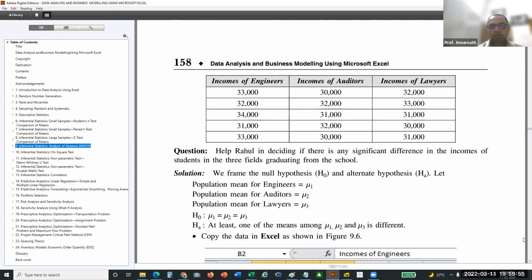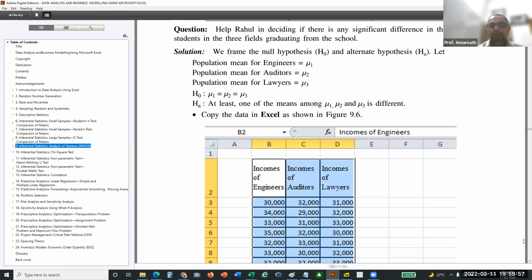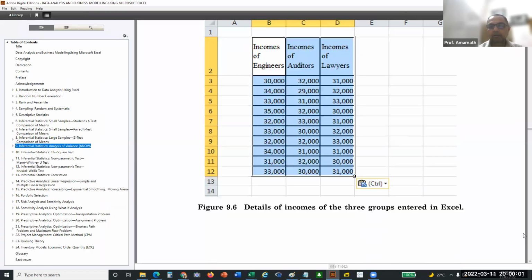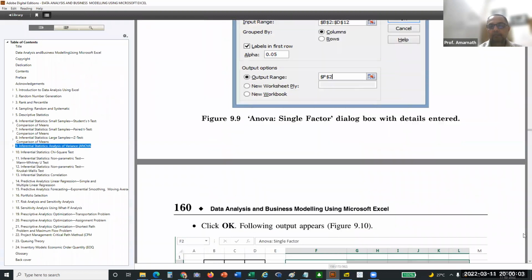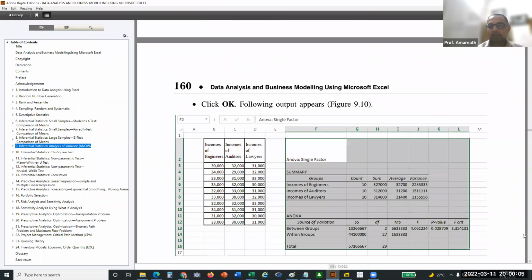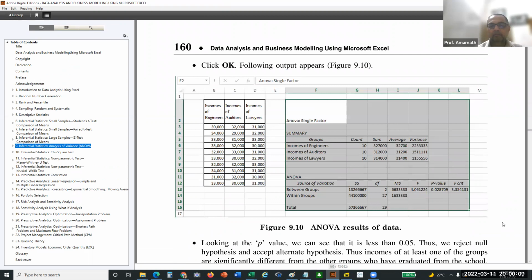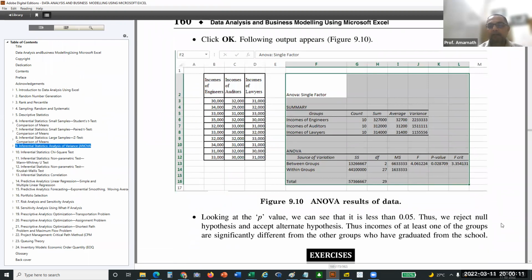So here also, mu1, mu2, mu3, at least one of the means differ. So what is that? As you notice here, the average incomes of engineers are 32,700, or something like 33,000, and incomes of auditors and lawyers are 31,000.